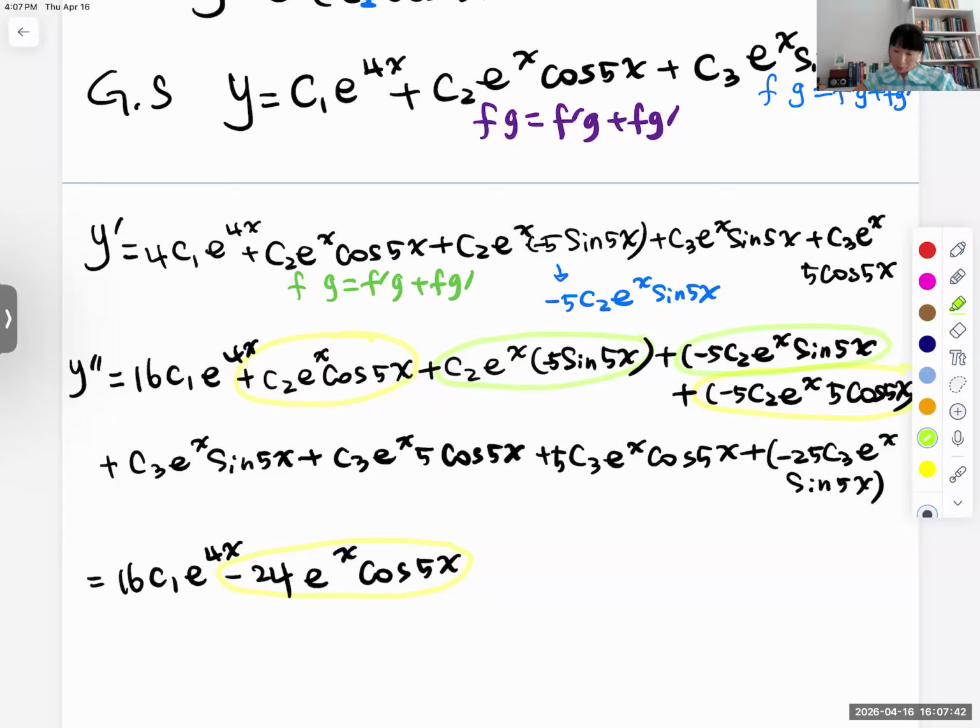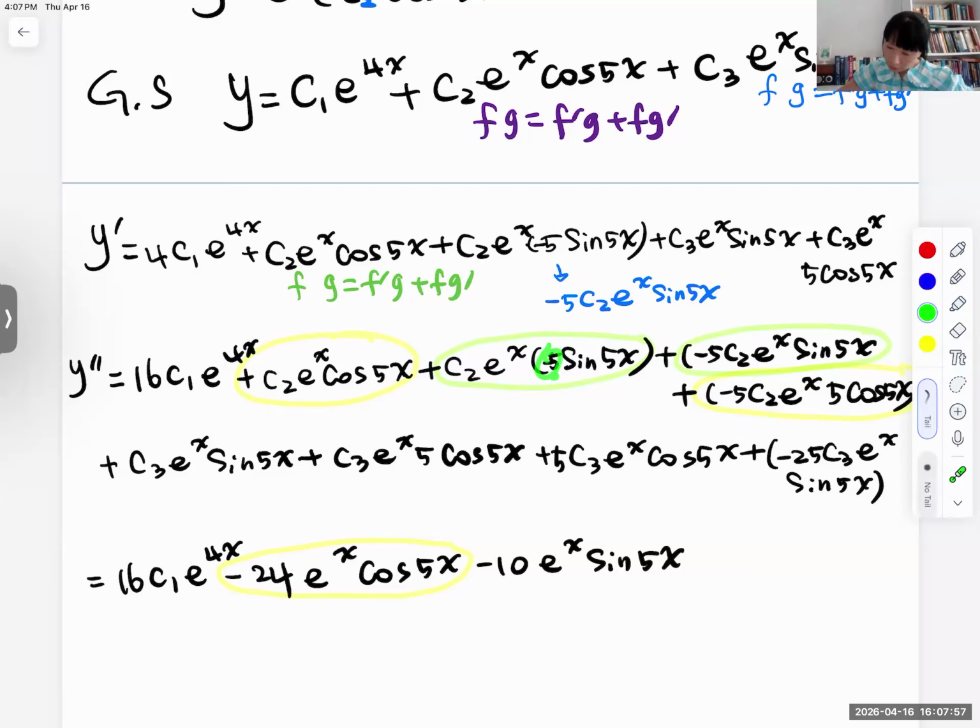Oh, no. Negative 5, negative 10. Yeah, can you see? So it's a negative 10, and e to the x sine 5x. So we have a negative 5 there, and negative 5 is a negative 10. So that will be green.